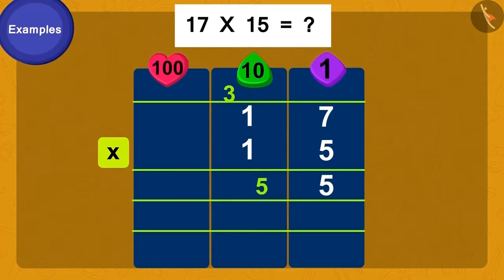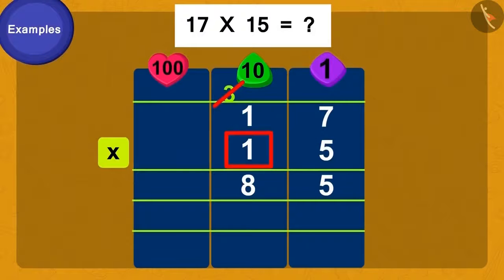But we also have 3 of the previous carryover. So what shall we do now? We will add 3 and 5 to find the answer. Done? 8. We will write it like this. Now we will cancel the carried over 3 so that we don't make a mistake of counting them again.